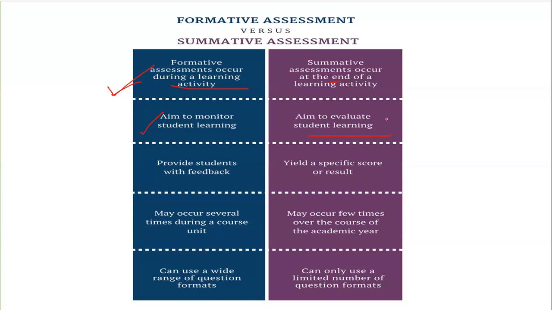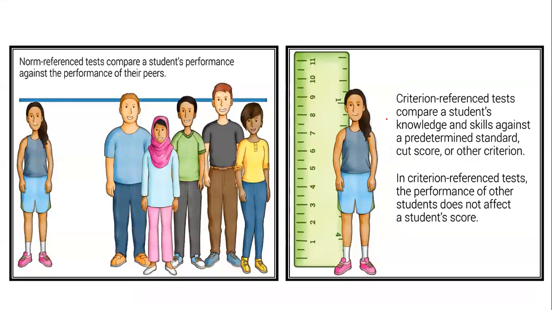Okay, now apart from this, let's go for the next type, that is reference or interpretation, where we have norm and criterion. Here also, in spite of telling the concepts very clearly, I have seen in the live lecture that students get confused. So just understand norms, that is, the rules. Here the rules are set to compare a student's performance against the performance of the peers.